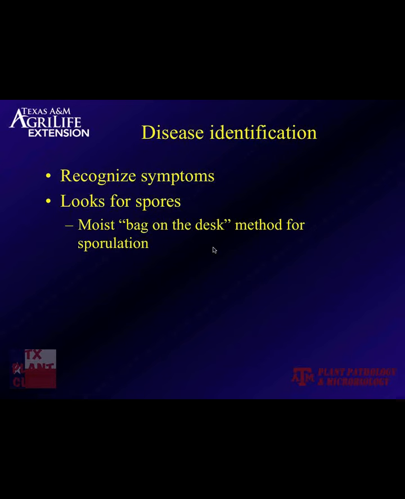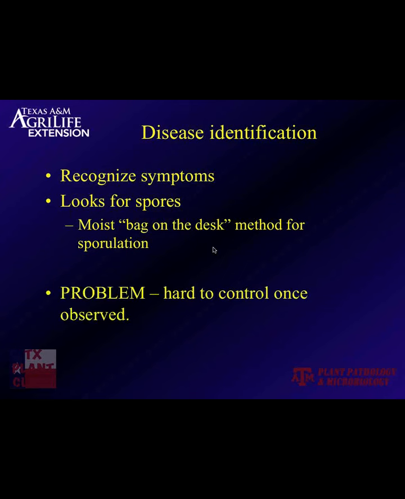So somewhat warm, room temperature, and more than likely you'll see sporulation in about 24 to 48 hours. So it's a quick, dirty way to try and figure out whether the mottling is due to a fertility issue or to downy mildew.